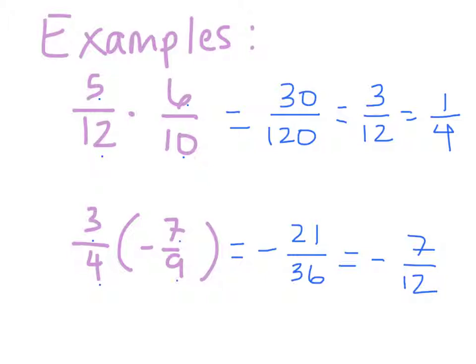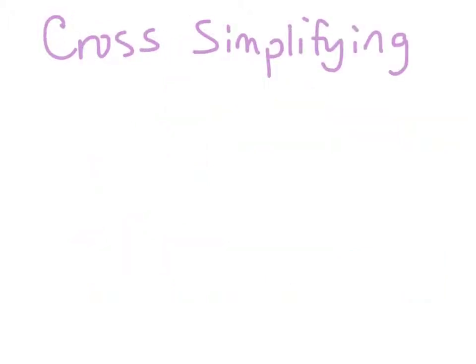as my answer. All right, now remember though that we can cross-simplify to make a multiplication problem easier. So when I cross-simplify, you might want to put a little note out to the side.